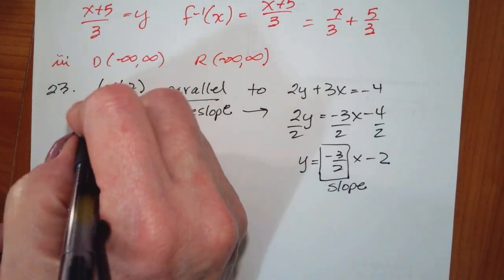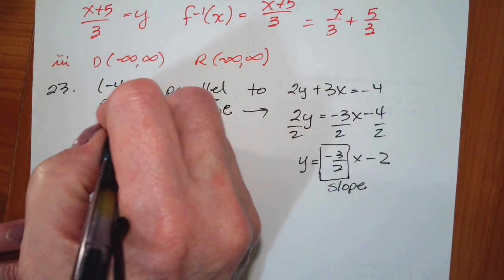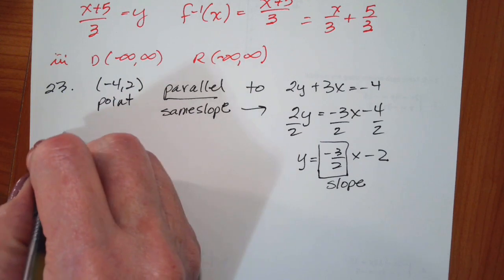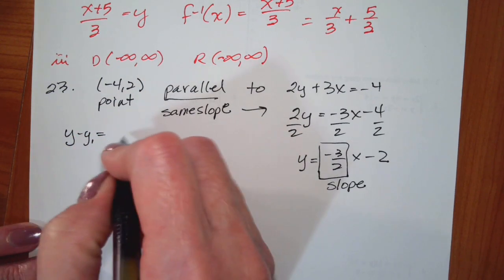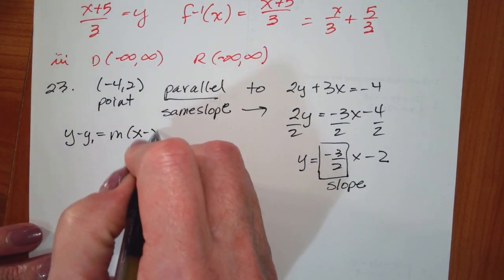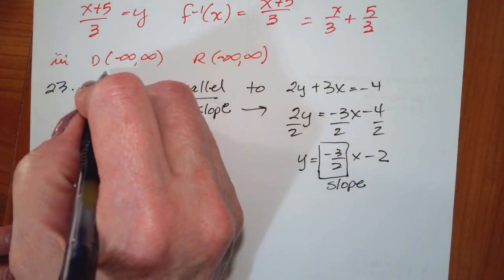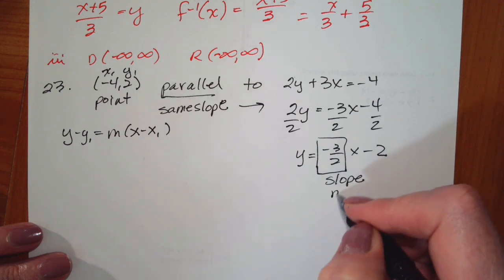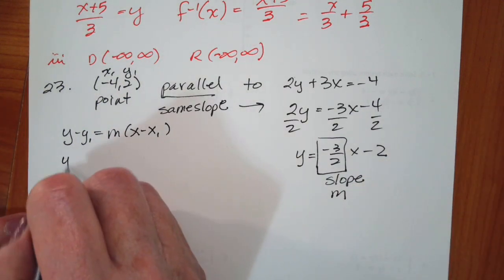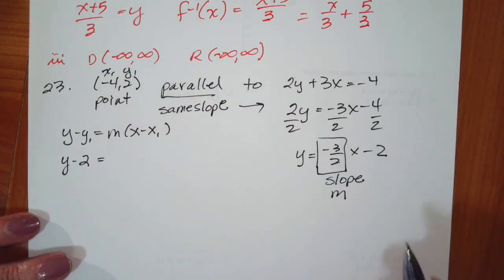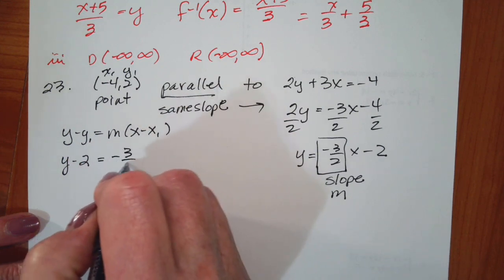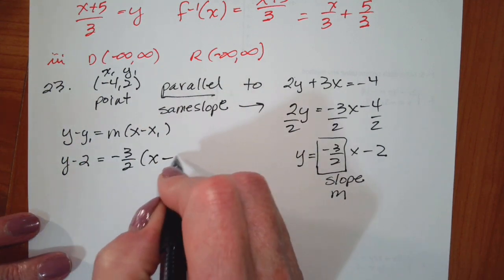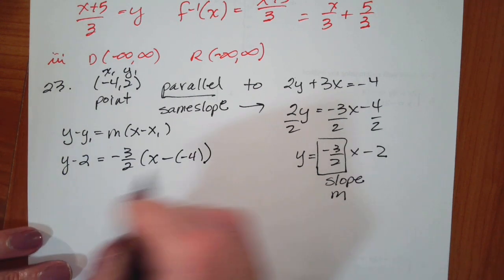So now I have a slope and a point, so I'm going to use the point-slope form, which is y minus y1 equals m times x minus x1. I know this is x1, I know this is y1, and this is m. So y minus 2 is equal to my m times x minus negative 4.